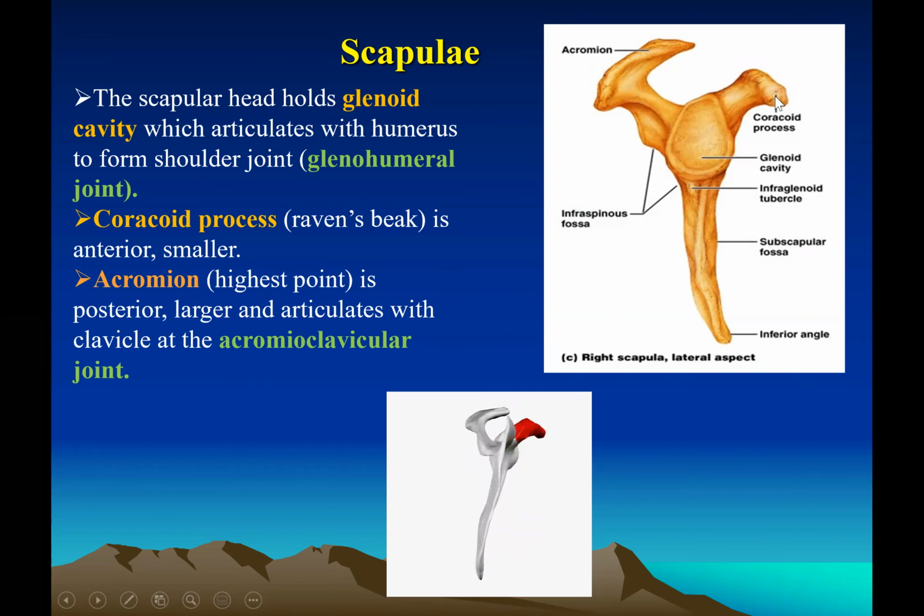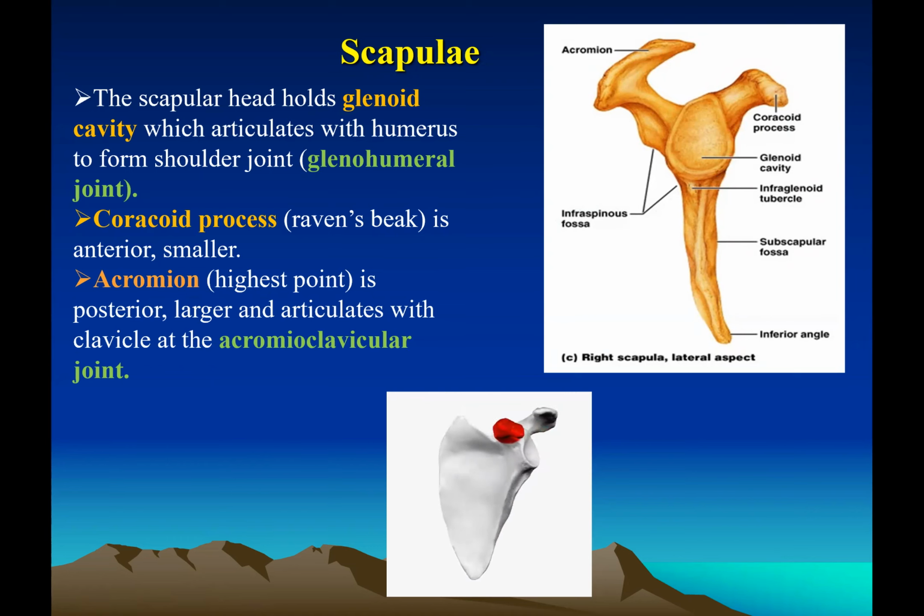It is anterior, smaller compared to the acromion, which is the highest point, that will articulate with the clavicle via the acromioclavicular joint. So the scapula has a lot of very important processes and bone markings that will play a huge role in muscle attachment and forming these joints.